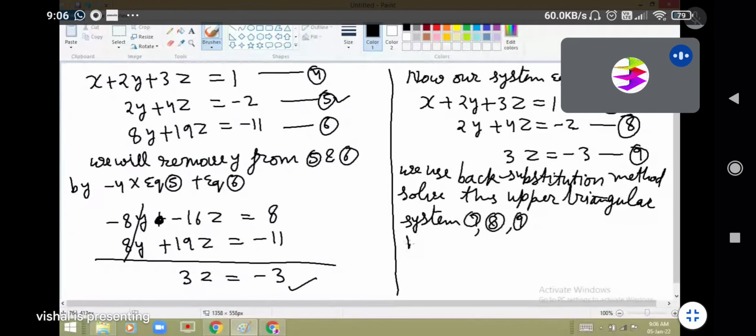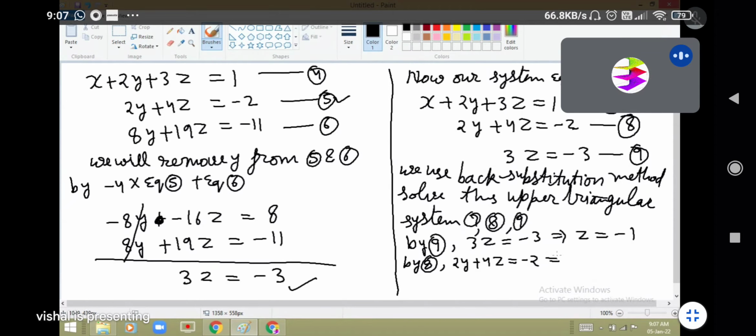So by 9, with the help of 3z is equal to -3 means z is equal to -1. By 8 is 2y plus 4z is equal to -2.